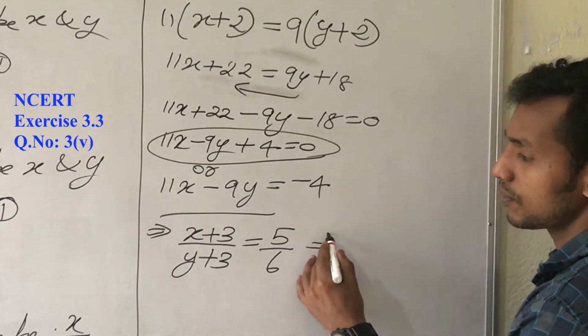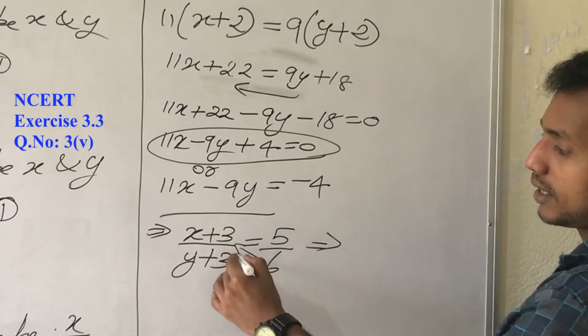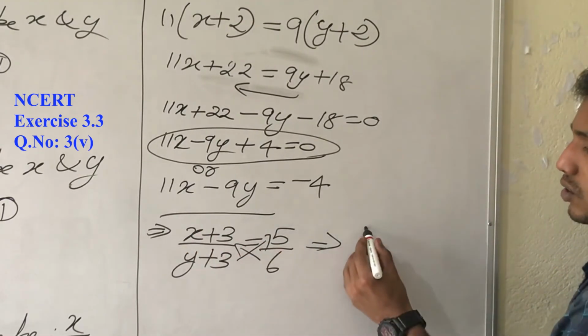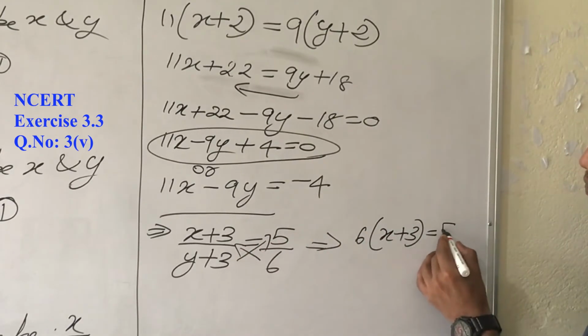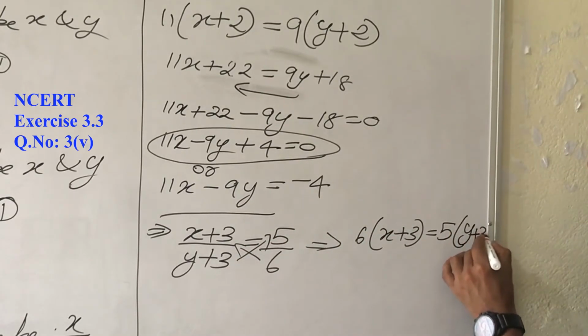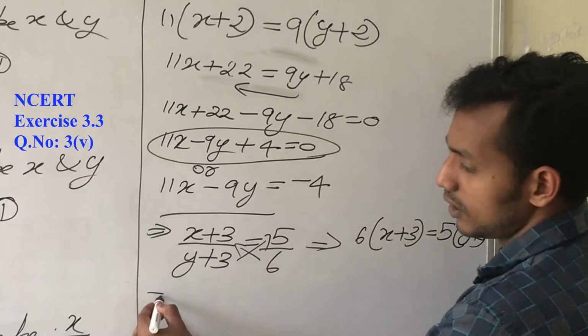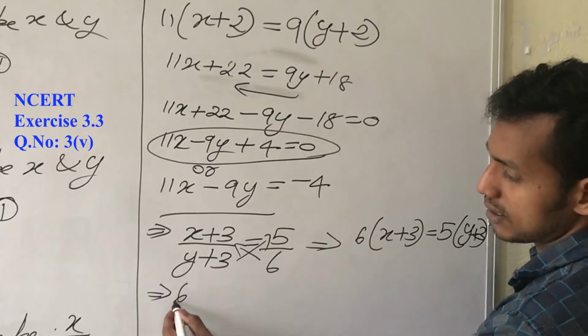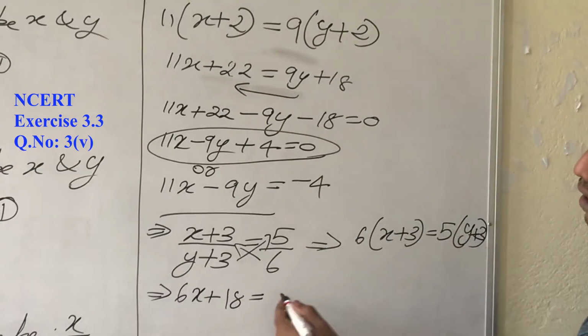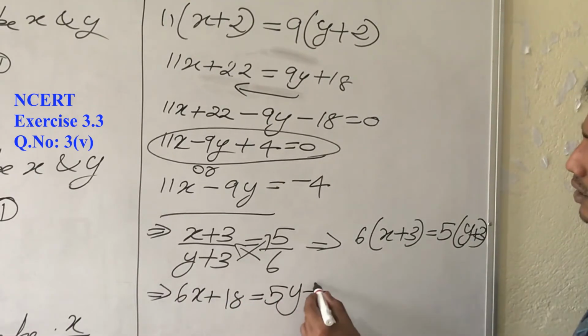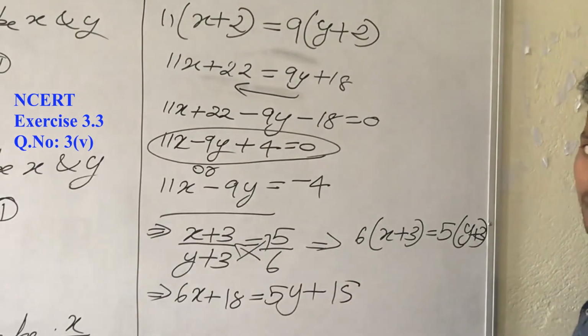That implies, cross multiply it, 6 into x plus 3 is equal to 5 into y plus 3. That means 6x plus 6 into 3, 18, is equal to 5y plus 5 into 3, 15.